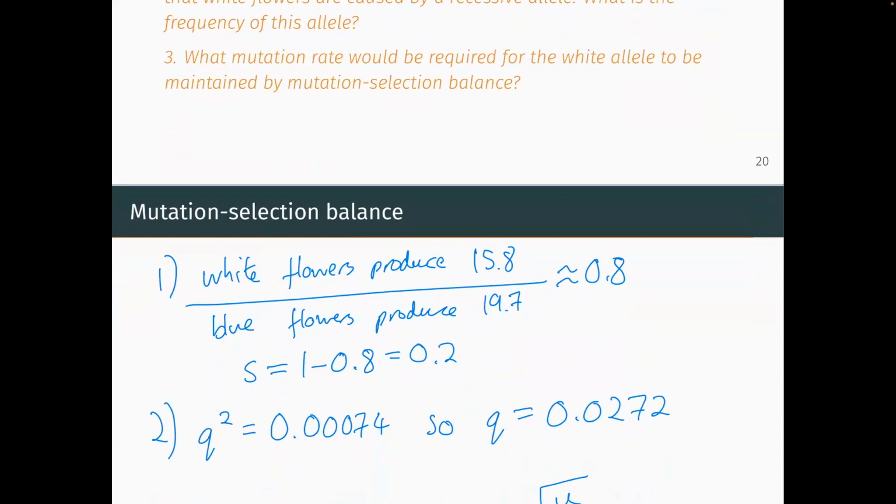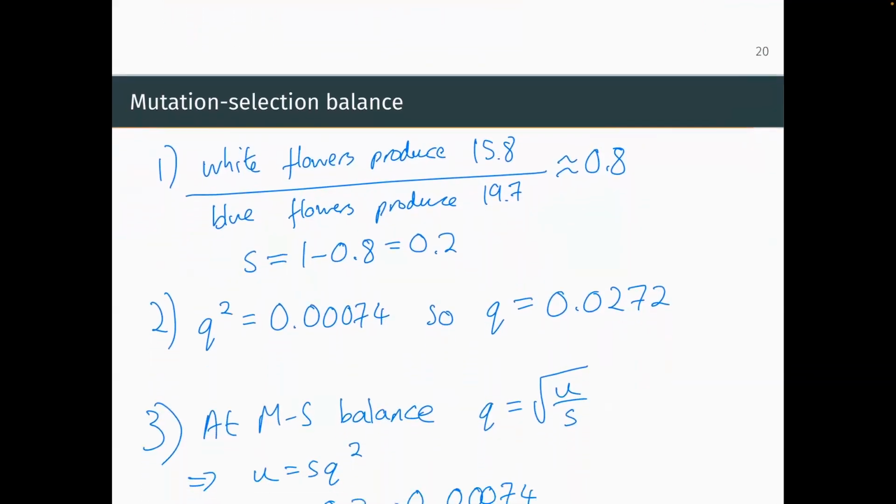So how many seeds do they produce relative to how many seeds do blue flowers produce? This is roughly 80% of the seeds in white flowered individuals. And so if our fitness of blue flowered individuals we're just defining to be 1, and the white flowers is going to be 1 minus S, then rearranging this around, we would end up getting 0.2.